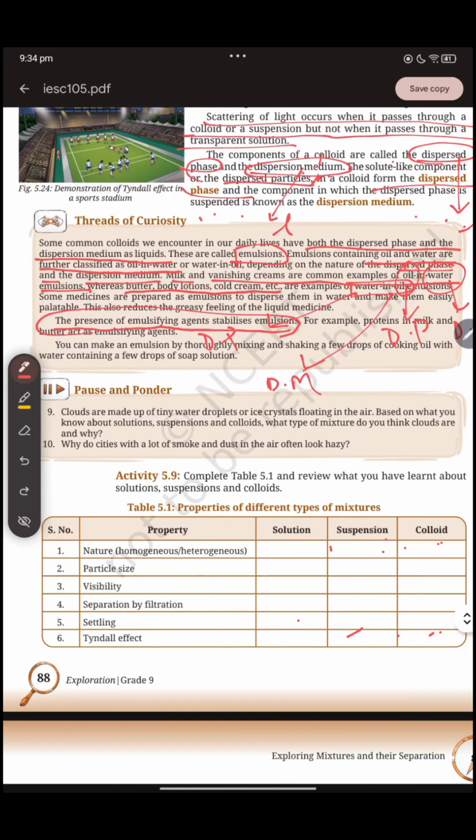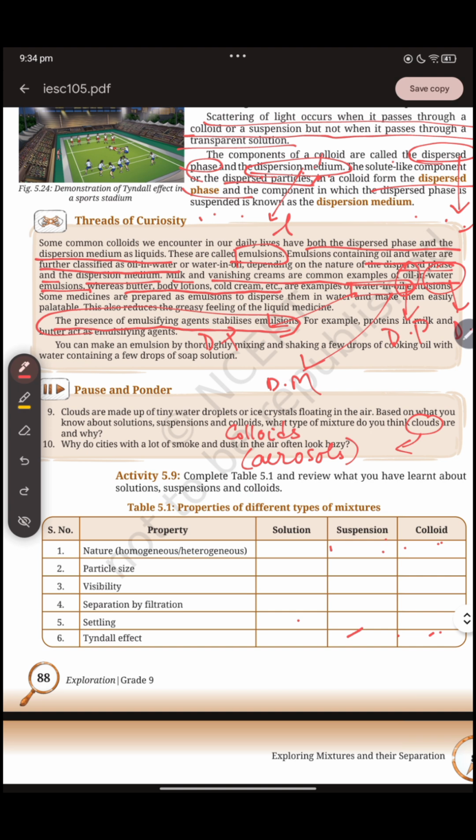See, clouds are basically colloidal solutions. So they are colloids. Better, they are known as aerosols. Why? Because tiny water droplets or ice crystals are dispersed in air.